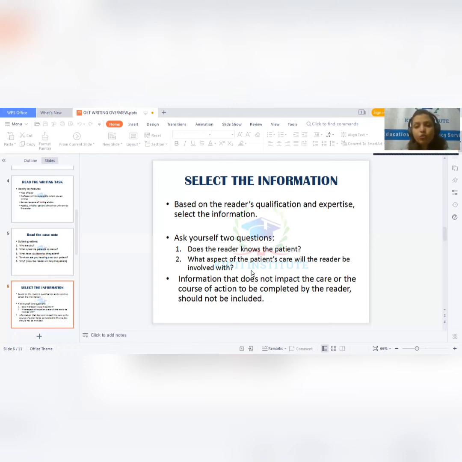So if he's going to do something with smoking, you have to write. If not, don't mention it. So you have to select the information based on the reader's qualification and expertise, and you should not include information that does not impact the care or the course of action to be completed by the reader.